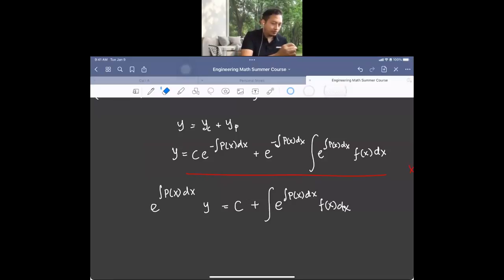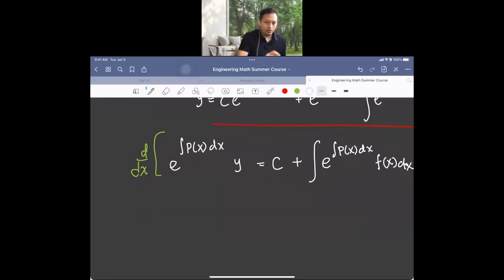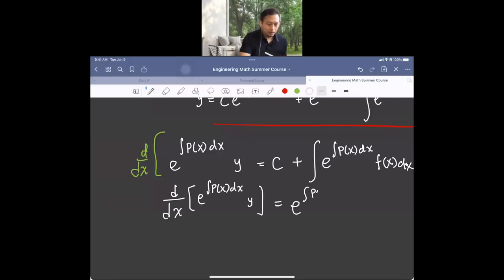And then we try to differentiate. So d/dx of the right side: the constant becomes 0, and this becomes e to the integral of p(x) dx times f(x), since we remove the integration.